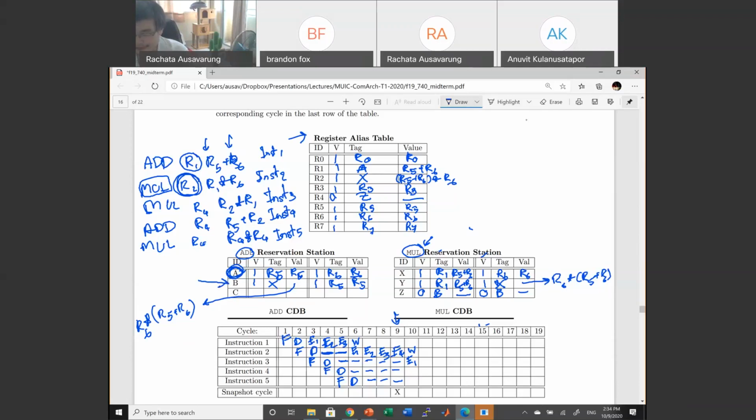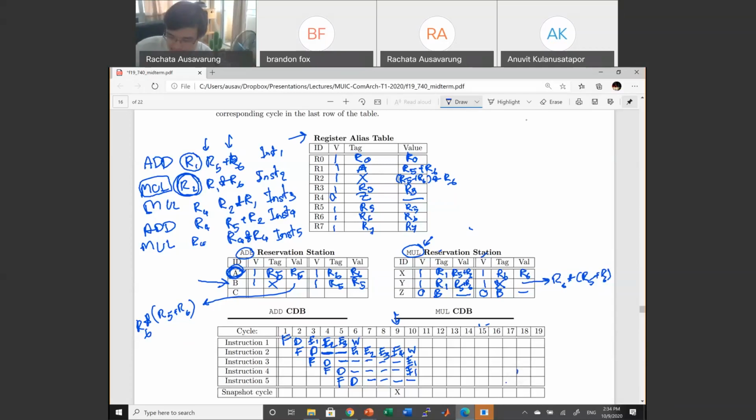Is everything valid? It is, right? So you can also execute the add at the same cycle because you use the adder for that. Instruction 3 uses the multiplier. You can do both of them in parallel. Too bad for instruction 5, you're still waiting for B.